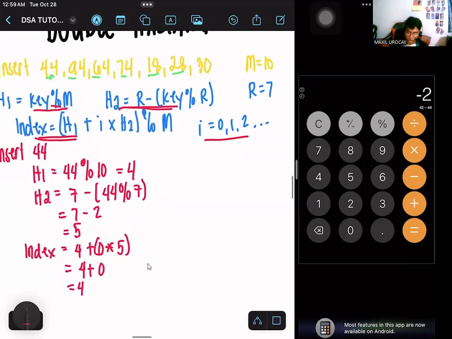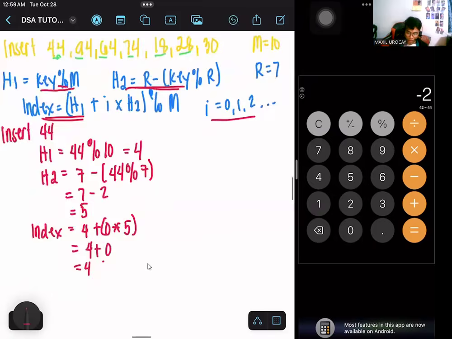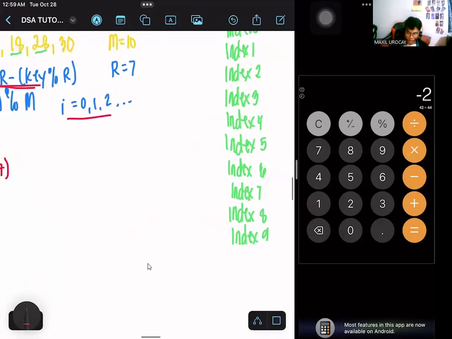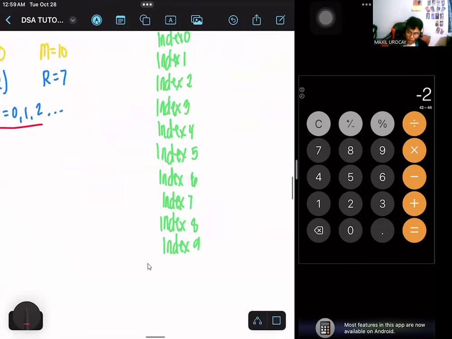Checking index number 4, it is empty, so we can just allocate 44 there. So this is the calculation, and 44 will be stored here.